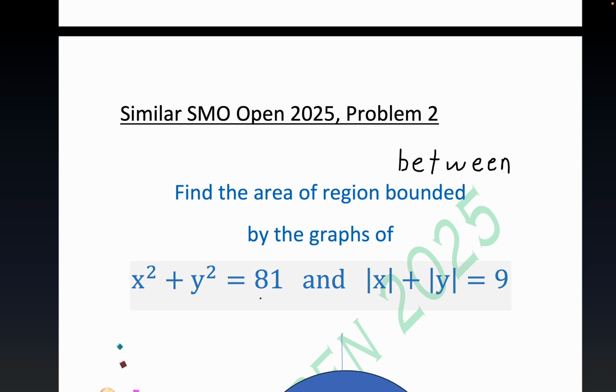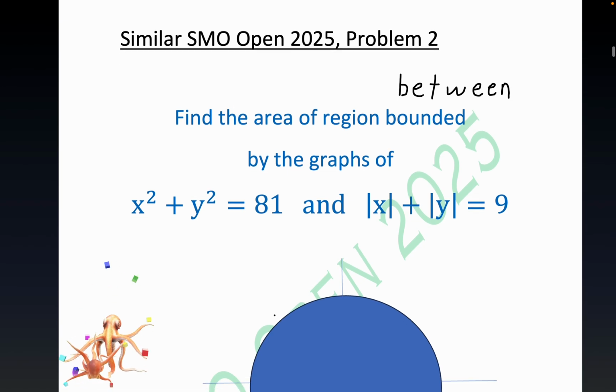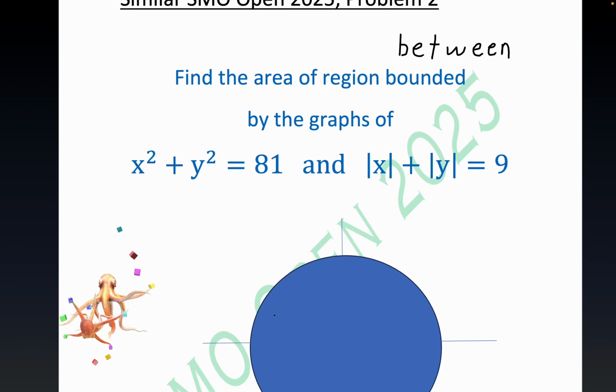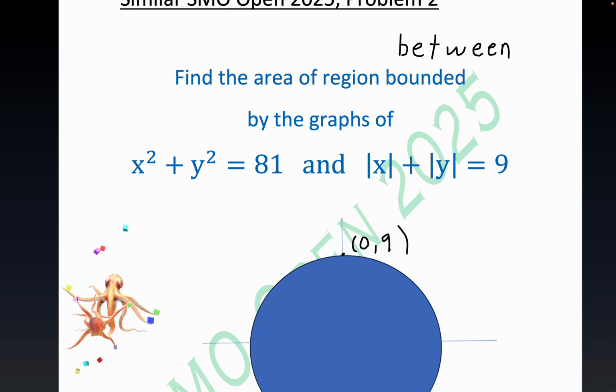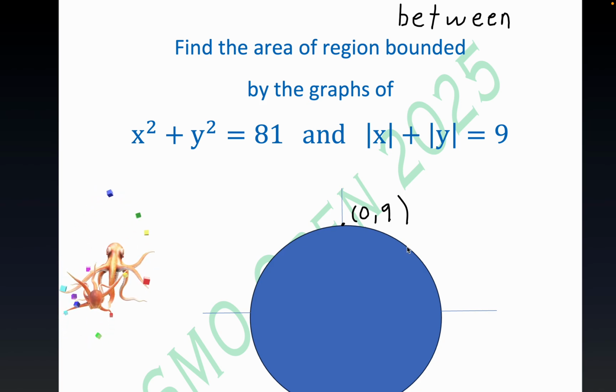Now, all of you recognize this as the equation of a circle, and it's very easy to identify the critical values or points on the graph. Certainly, 0, 9 is a point on this graph. If you let x equal 0, 9 squared is equal to 81. And then over here to the right, on the x-axis, you would have 9, 0.